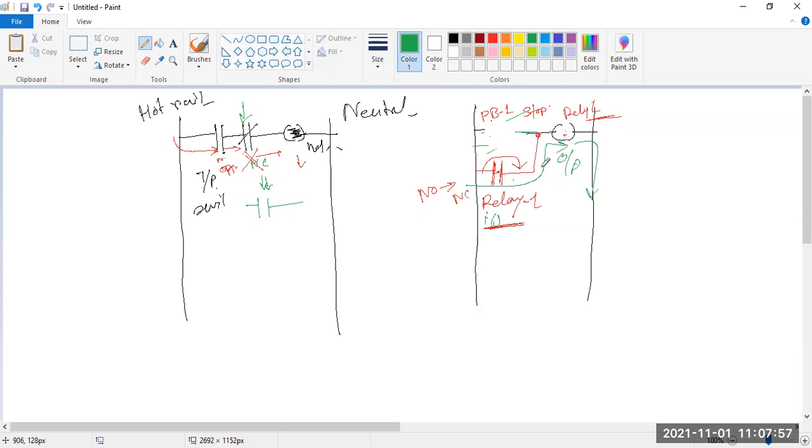This type of action is called latching. Until you apply some NC button to break this path, current continues to flow. So this path is called the latching path.